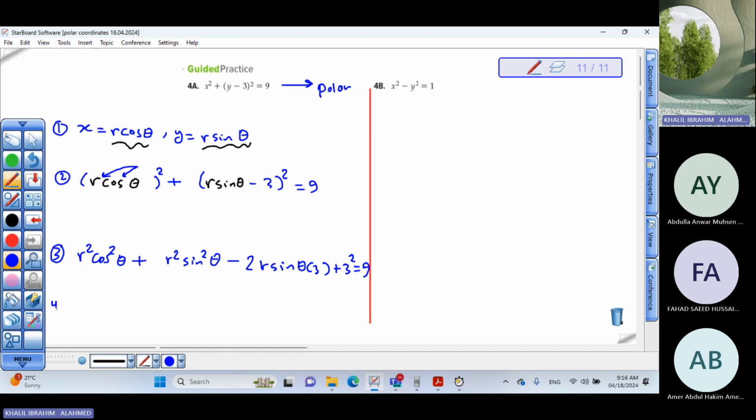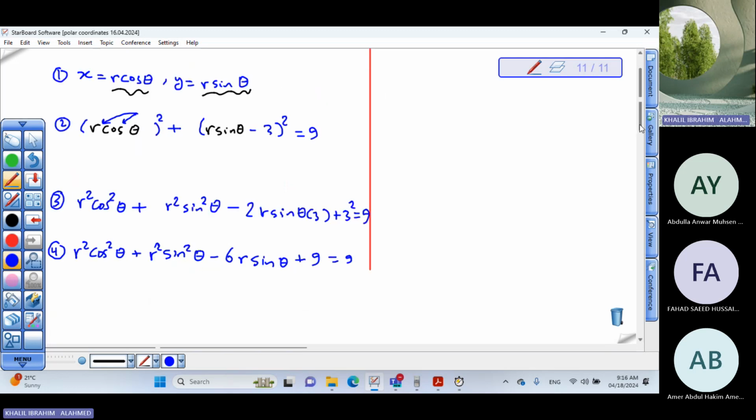Now, step 4, simplify: r squared cosine squared theta plus r squared sine squared theta minus 6r sine theta plus 9 equals 9.